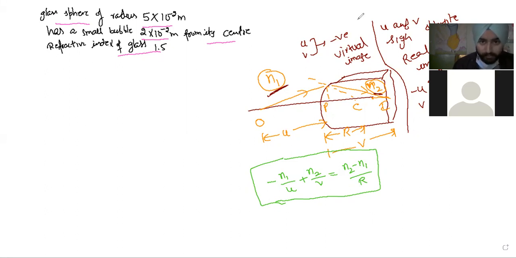So if we observe it along the diameter, I will just make a diagram here to show you. Here we have a sphere like this, and we draw a line that is the principal axis. On this principal axis, we have a center of curvature.